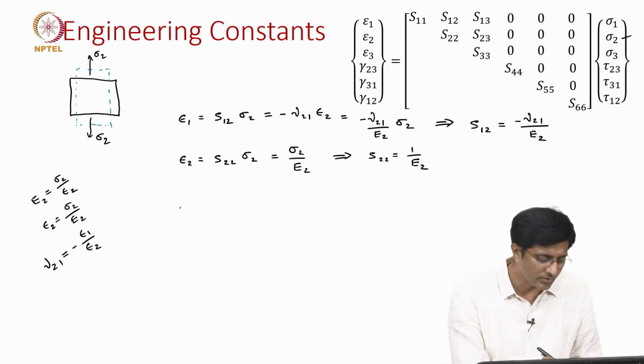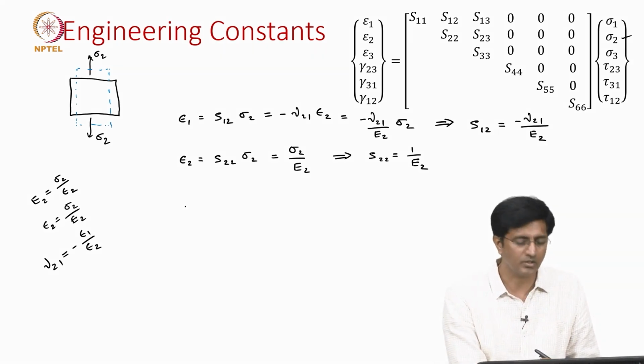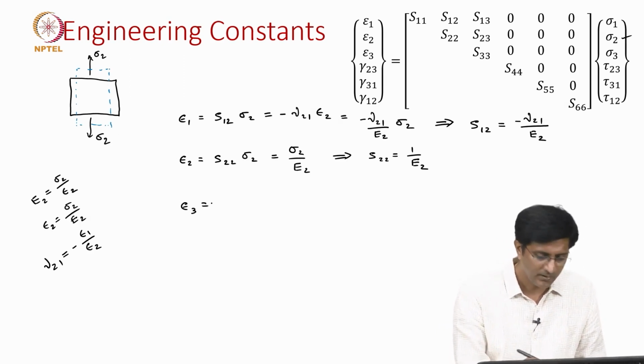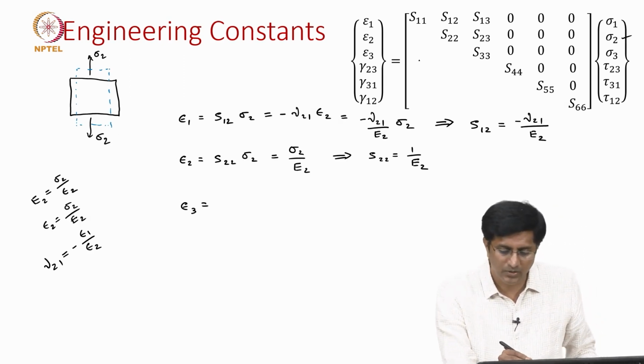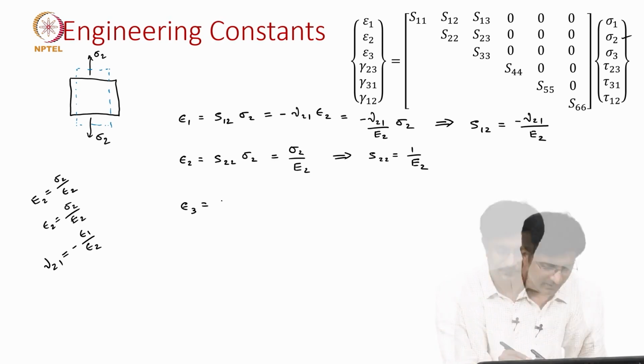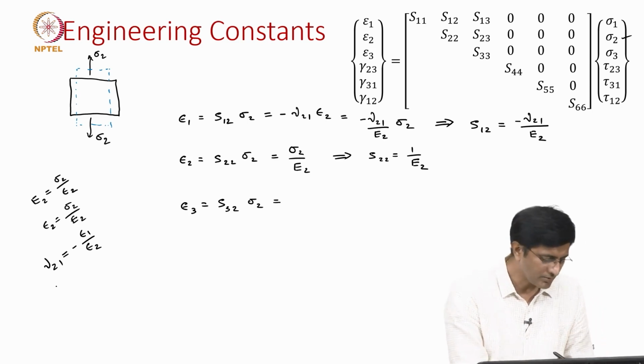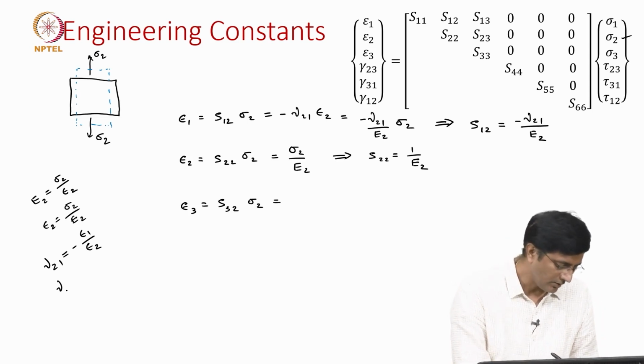Now let us move into the third component of the normal strain, epsilon 3. We can write it as S32 times sigma 2. Again from the Poisson definition, the loading is in direction 2 and we are looking at 3, so it is minus epsilon 3 by epsilon 2.